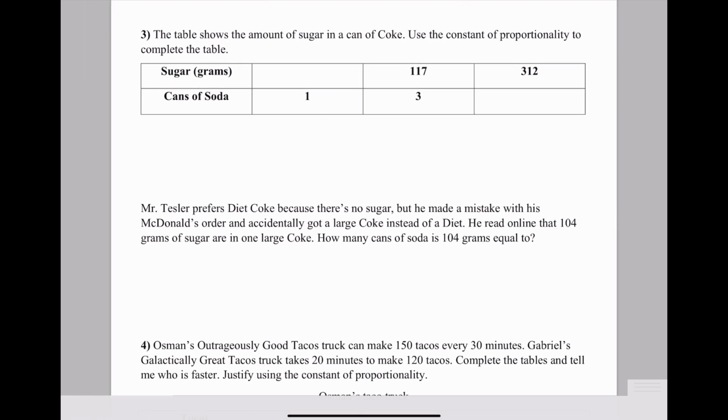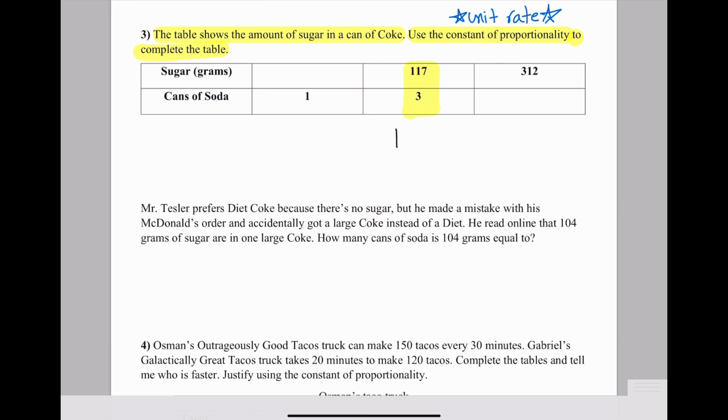Here we go. This is another table question. So the table shows the amount of sugar in a can of Coke. Use the constant of proportionality, aka the unit rate, right? Remember, unit rate, to complete the table. Again, we have our given information, super important, and I'm going to create the rate for that right now.